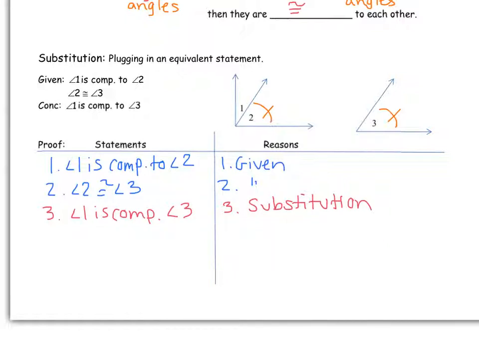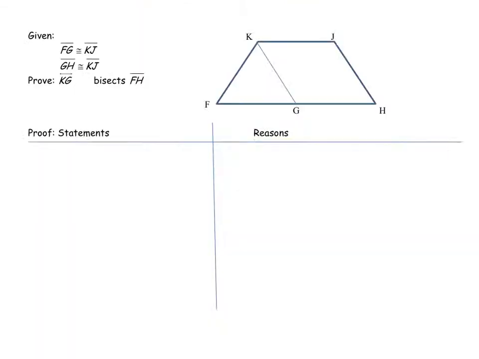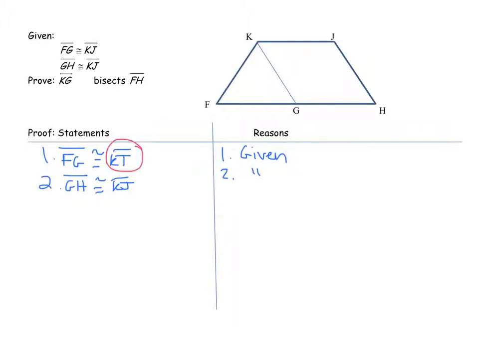Let's compare this to a proof that involves the transitive property. Okay, so again we're going to start with the givens. Pay attention to the fact that we're working with segments here, not angles. And I'm already noticing that we've got FG congruent to KJ, and we've got GH congruent to KJ.